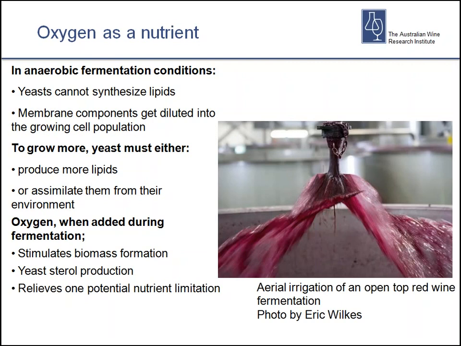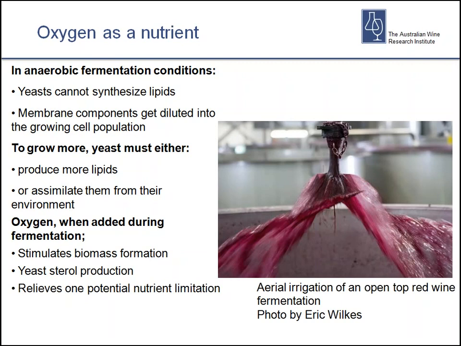Membrane components then get diluted into subsequent generations in the growing population, and therefore to grow more, yeast must either produce more lipids or assimilate them from their environment. This has a downside. Yeasts can assimilate phytosterols from grape juices, but it's been shown that excessive integration of those phytosterols into the yeast membrane can be detrimental to fermentation performance. So it's probably better that that is regulated in some form.